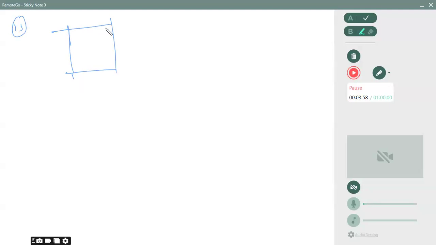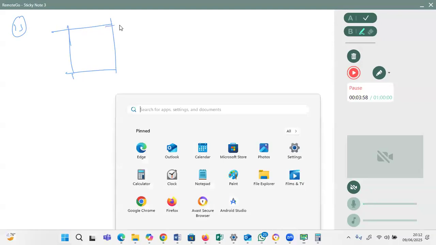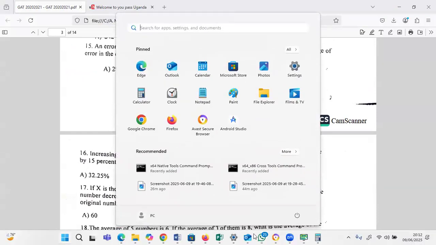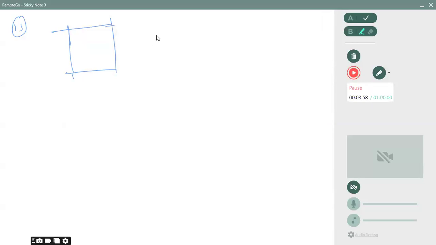But when we go back to our question, they have informed us that an error of 2% in excess is made in the side of the square. Straightforward. If this side was x, it implies that in addition to x, there has been an addition of 2% in the side.